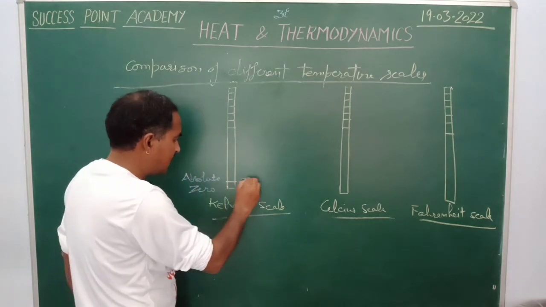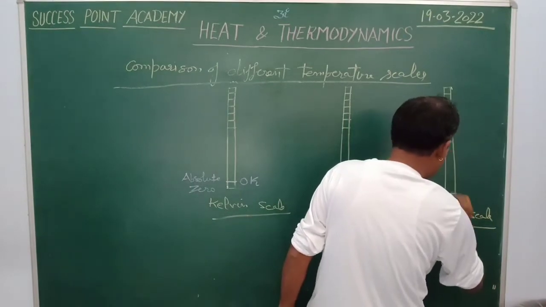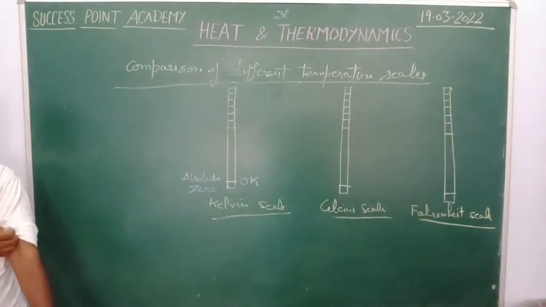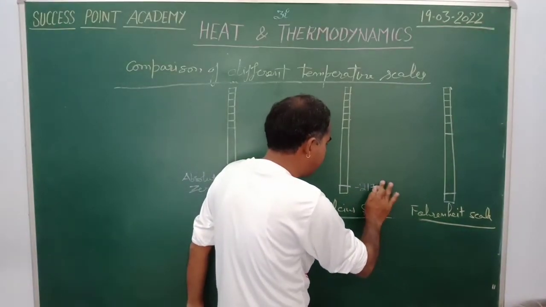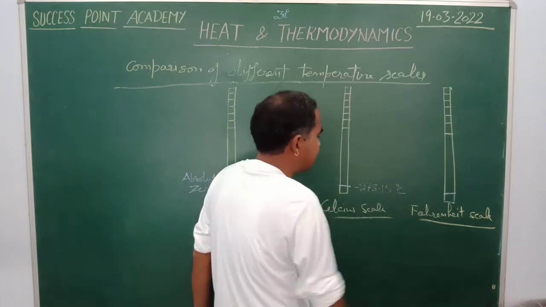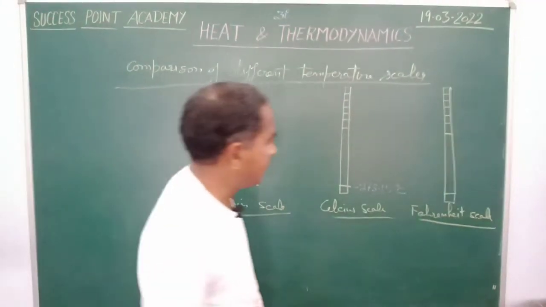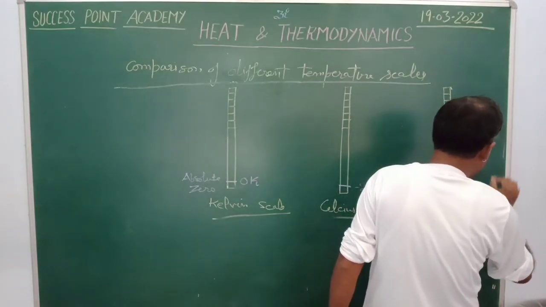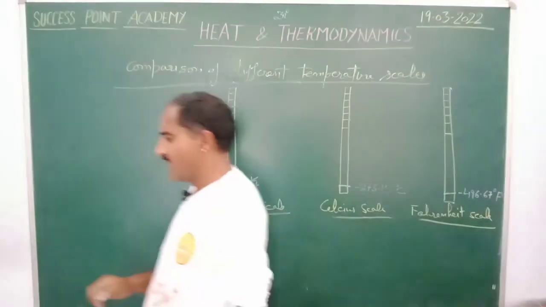Absolute zero, that is 0 Kelvin. Now we will also compare here. Absolute zero is equal to minus 273.15 on the degree Celsius scale. And what should be there on Fahrenheit? Note this, it should be minus 496.67 degree Fahrenheit.